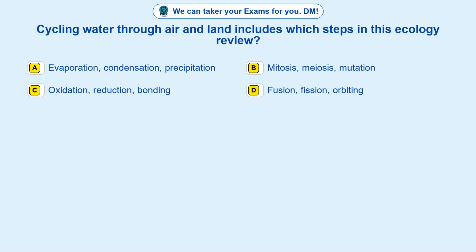Question 87. Cycling water through air and land includes which steps in this ecology review? Option A, evaporation, condensation, precipitation. Option B, mitosis, meiosis, mutation. Option C, oxidation, reduction, bonding. Option D, fusion, fission, orbiting.